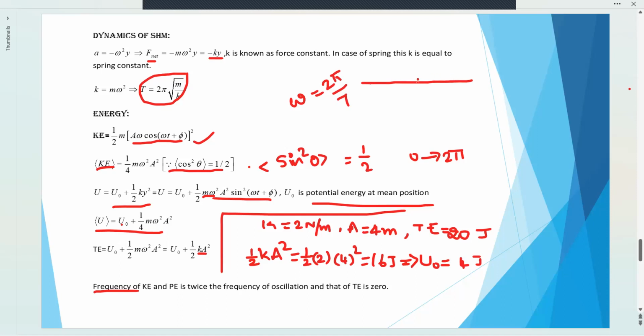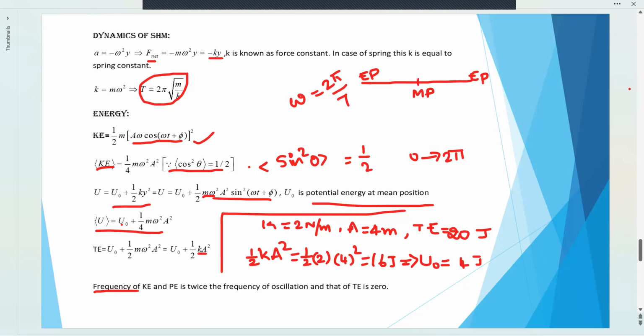Let us take this as the mean position, and these are the extreme positions. We know that at the mean position kinetic energy is maximum, and at the extreme position kinetic energy is 0.